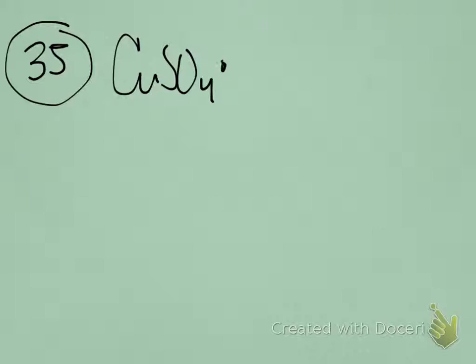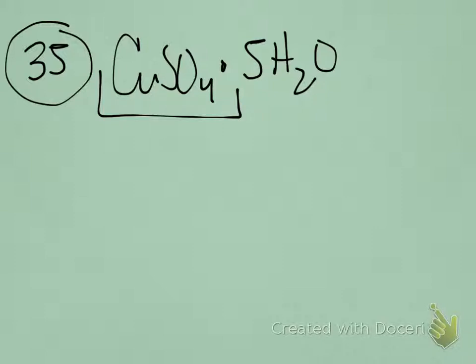Record this for posterity. This is a hint on, what number is it? 37 or 38 or 39. CuSO4 5H2O. Which one is it? It's 35. Okay. Clue on number 35. Is it CuSO4 5H2O? This is a kind of compound that's called a hydrate, and what it means is that this copper sulfate, as it sits, absorbs water.